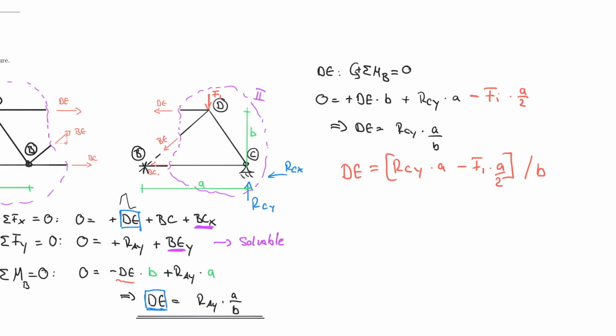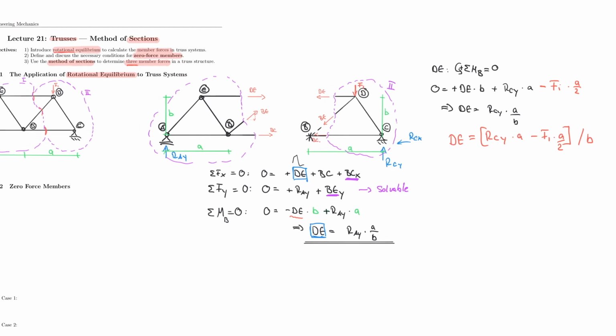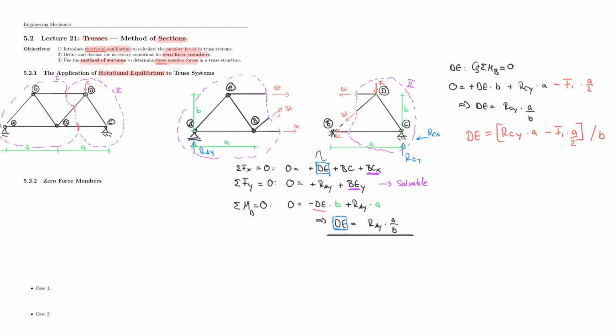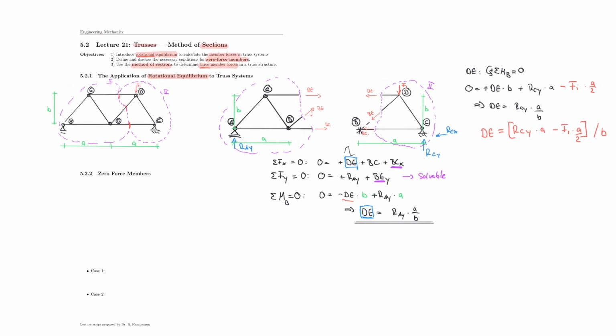But I think the general concept gets clear, and that is that you can cut the system anywhere you want, except you have to worry about no more than 3 members, right? We can only cut through 3 members and not more, because we have only 3 equilibrium conditions. But as long as you cut through any 3 members, preferably such that 2 meet in one point, then you can always apply this method.